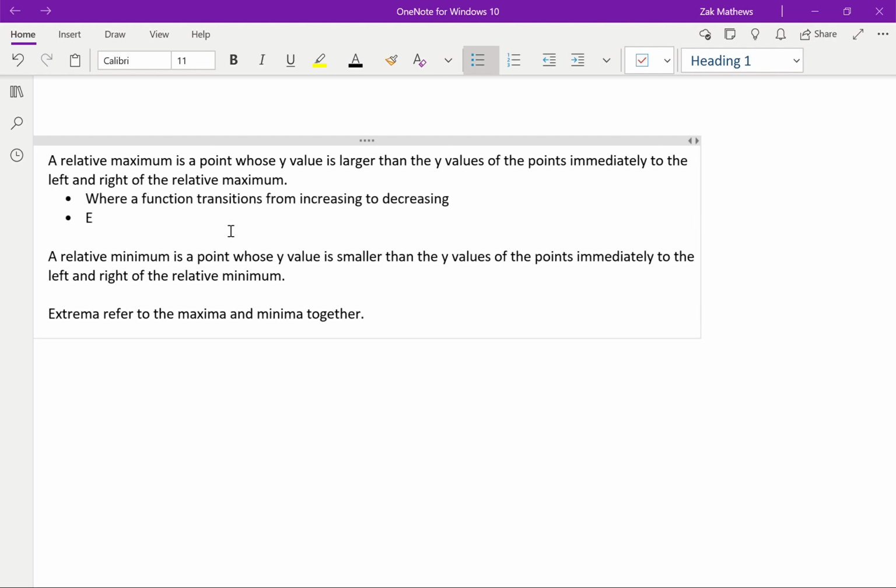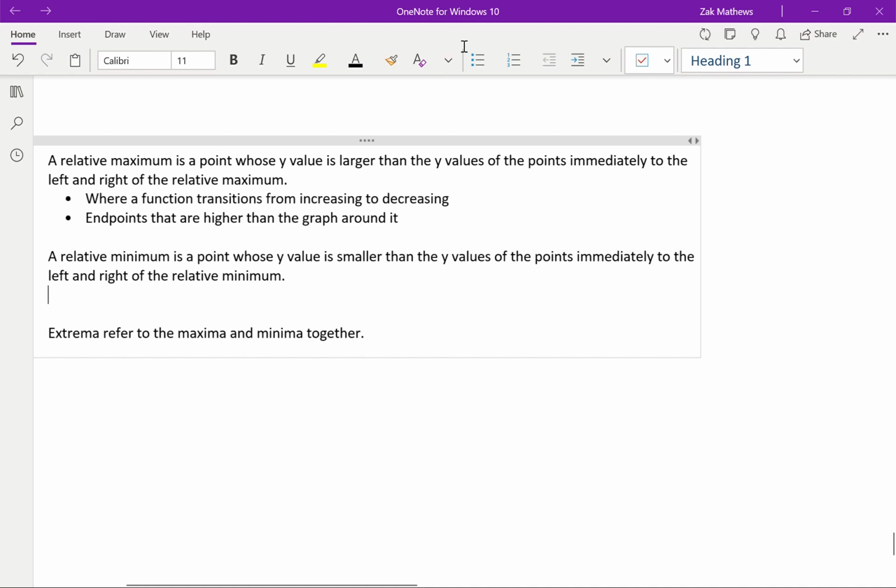And secondly, potentially endpoints that are higher than the graph around. So endpoints can be extrema, and then these turning points as well.